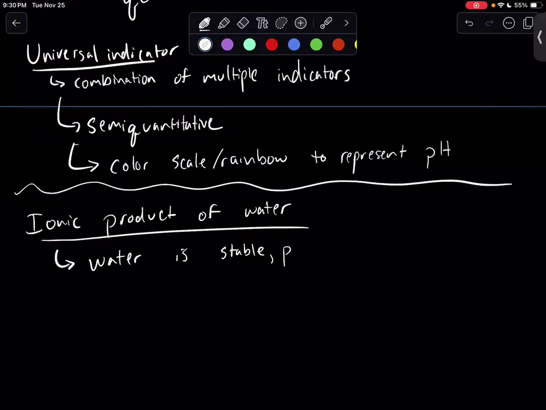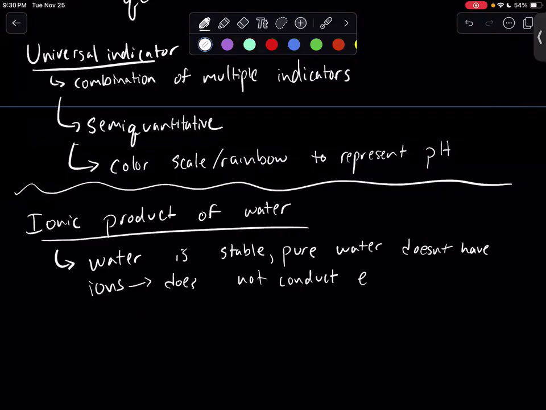Pure water has no ions, or seems to not have ions. And we know that because it does not conduct electricity. But it kind of does, actually. That's the weird thing. It actually dissociates slightly, and it's a very, very small dissociation.